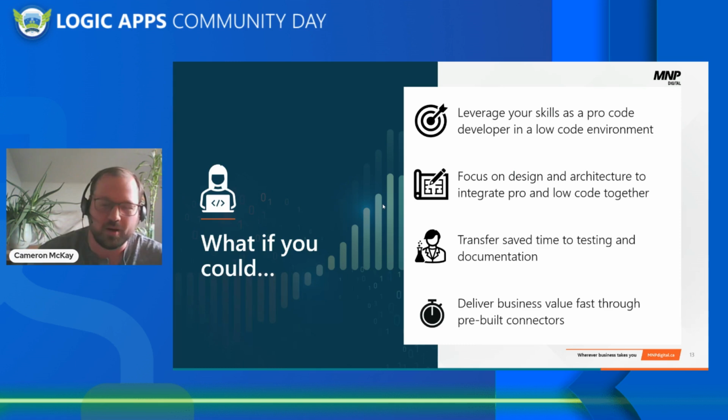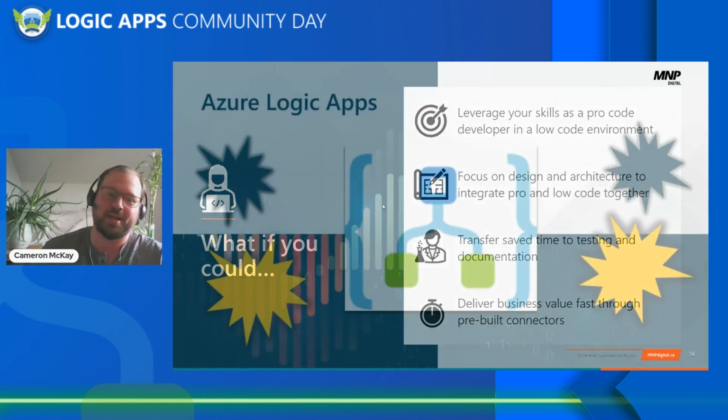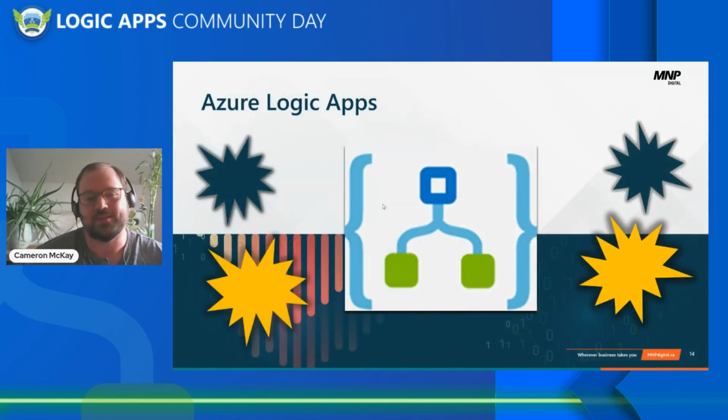What if you could take all that time saved and move it to something that would make your solutions more maintainable and reliable by adding additional testing and documentation? What if you, as a pro code developer, could deliver business value very quickly through pre-built connectors available to you in low code? Well, I'm here to tell you that Azure Logic Apps is available and can provide you all of those benefits.